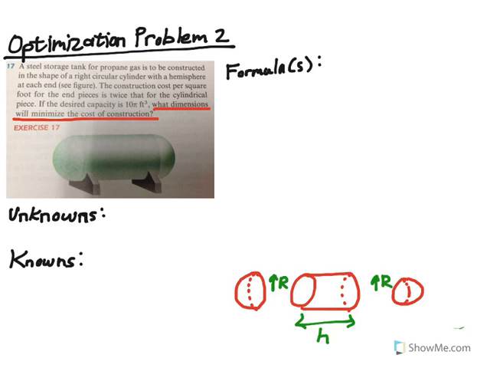So you only need one dimension for the two end caps, for the two hemispheres. So what we're trying to find is values of R and H that minimize the cost, which we'll abbreviate with a capital C.